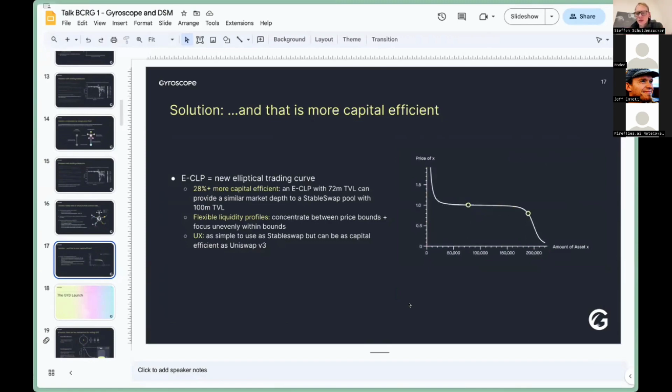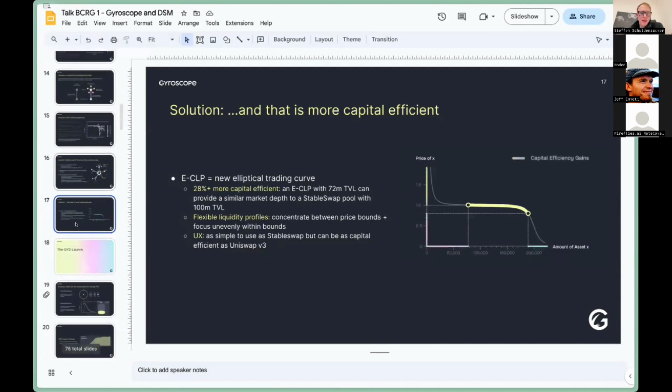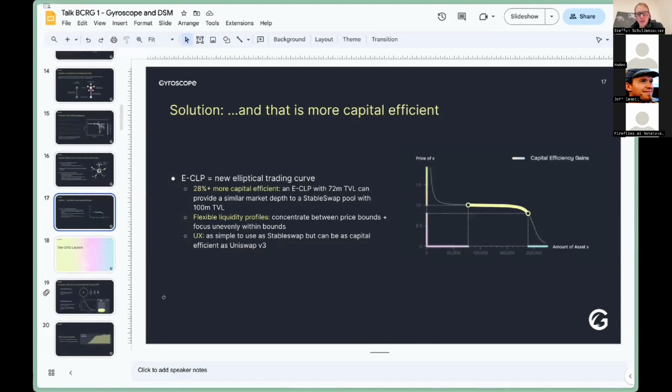And then you get high liquidity in the part of the price curve that you actually care about. In some pools, we deployed a few of them before the launch of the stablecoin, you get like 28% more capital efficiency than existing solutions like StableSwap. Otherwise, it's similar liquidity distribution. Of course, this depends on what exactly you want, but it tends to be in that ballpark.